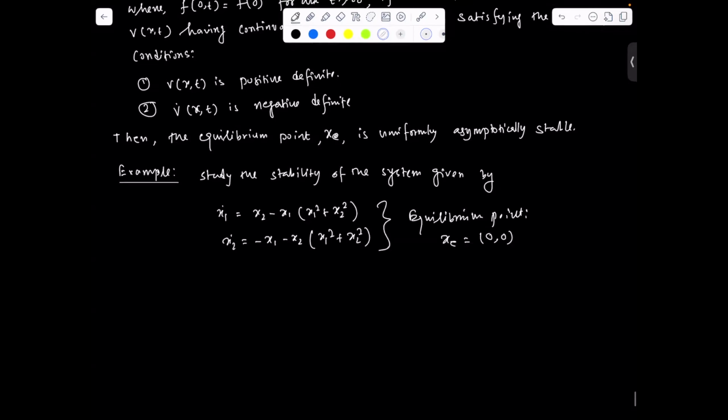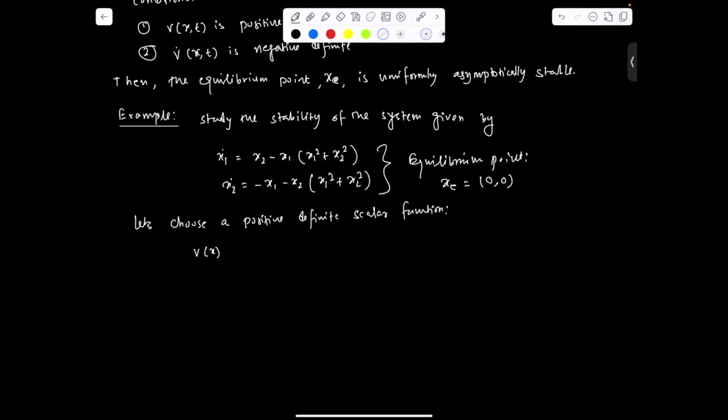So let's choose a positive definite scalar function V of x equal to x1 square plus x2 square.